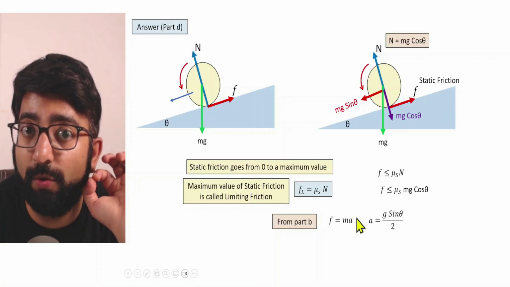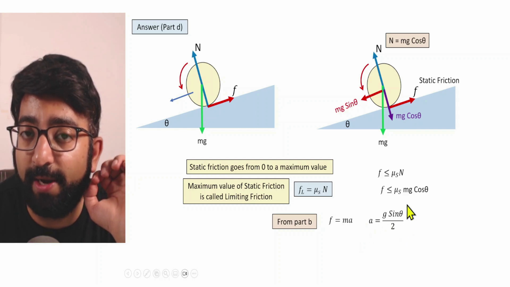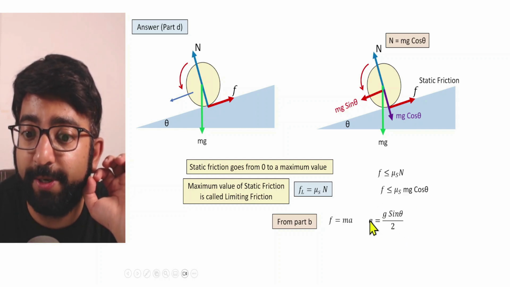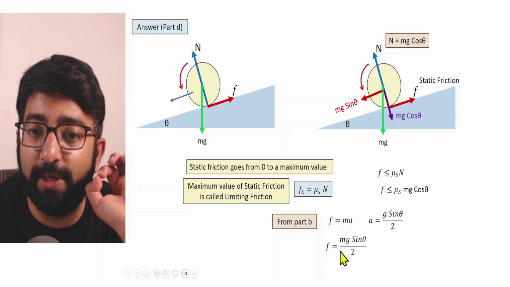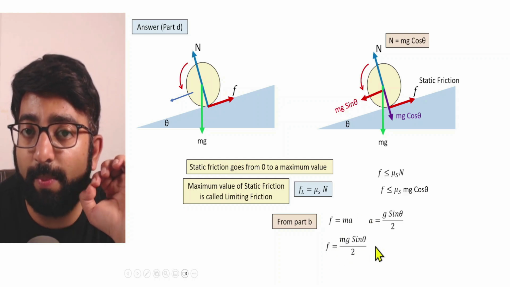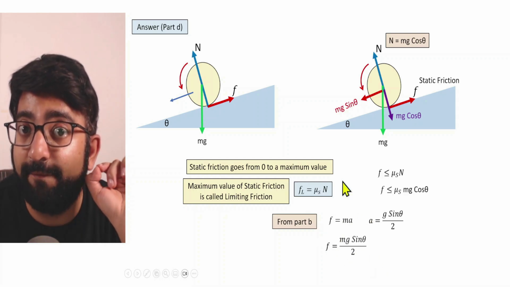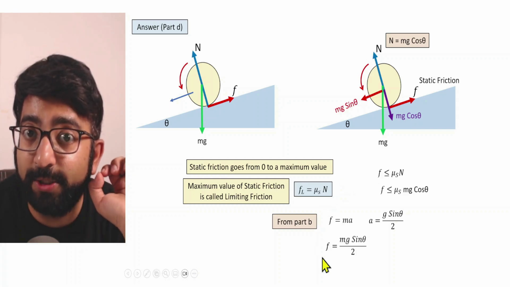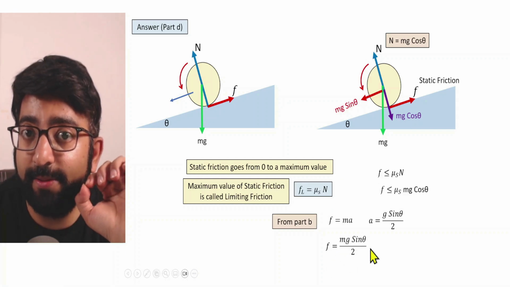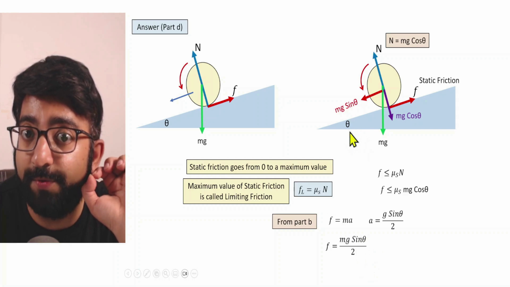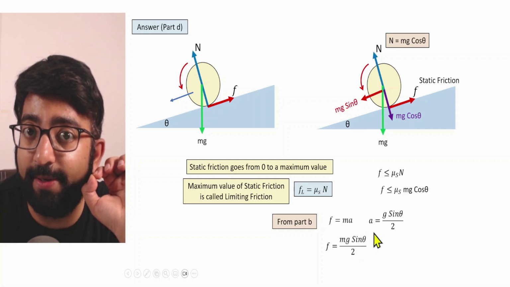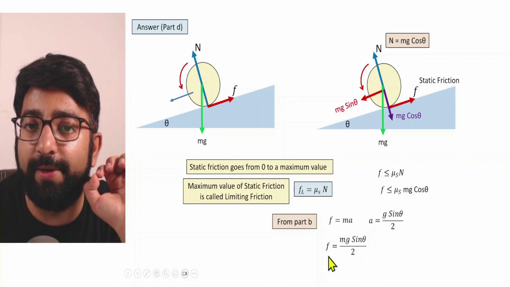From part B, F is equal to ma and a is g sin theta by 2. So if we put the expression of a in this formula, friction will come out as mg sin theta by 2. And that is why we can say for this specific question, the expression for friction is mg sin theta by 2. So as the value of theta keeps increasing, sin theta will increase and hence friction will also increase.